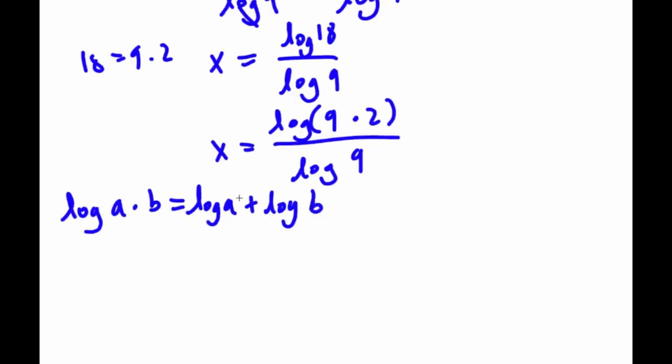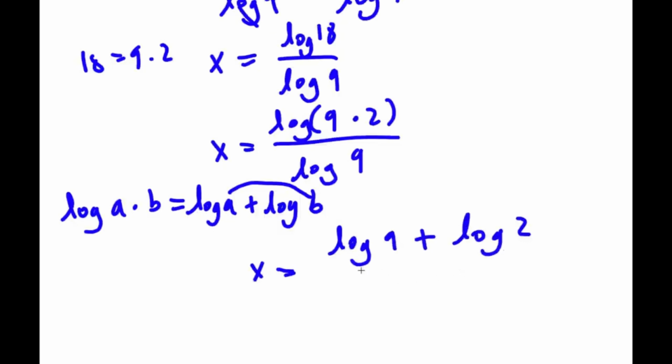Because remember, when you're adding logarithms, you're technically just multiplying the two numbers in front of the logarithms. So log 9 times 2 is going to equal log 9 plus log 2. So now I have log 9 plus log 2 divided by log 9.